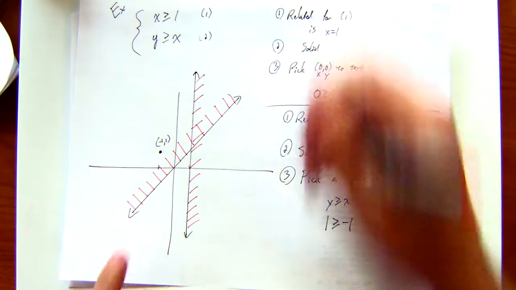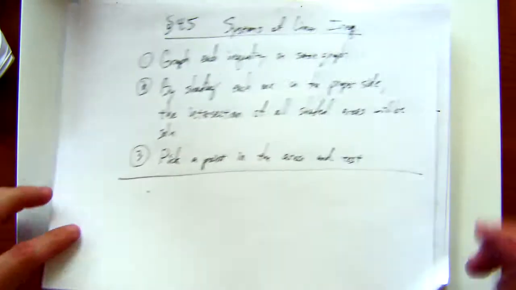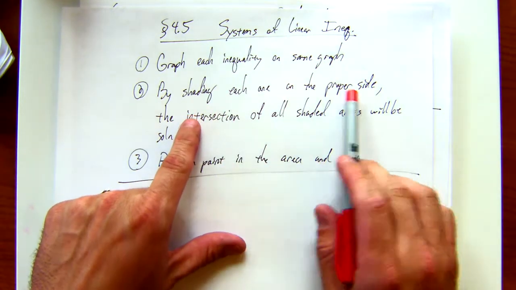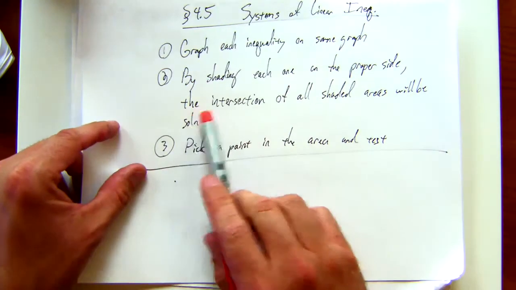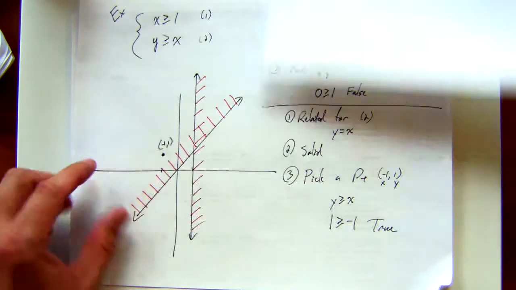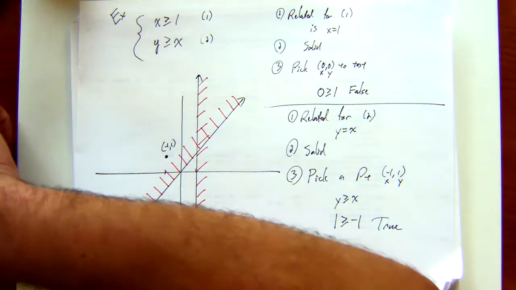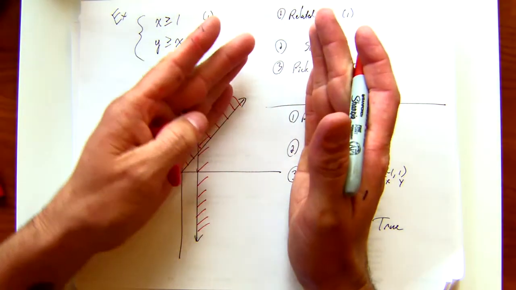Now, remember what I said on the first page. So we shade each one on the proper side. That's what we just did. Now it's the intersection of all the shaded areas that will be my solution. So my solution, or the proper graph, is where is this going to intersect with this?